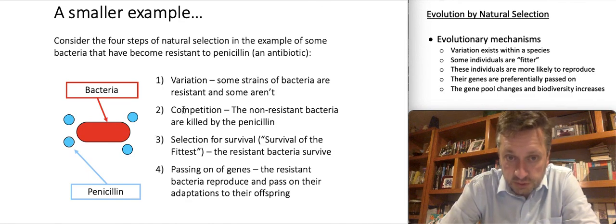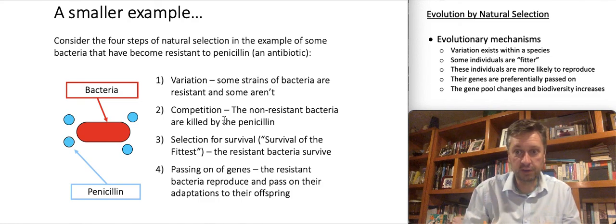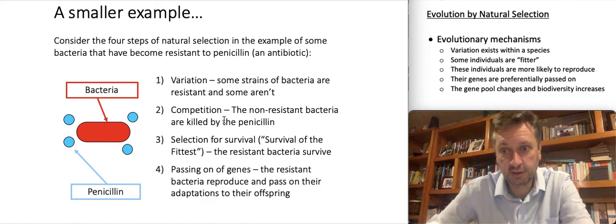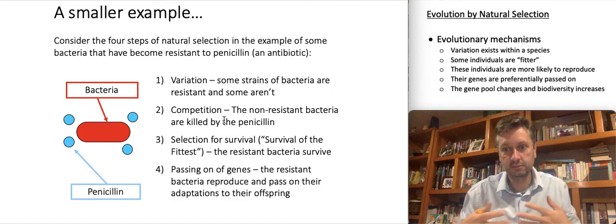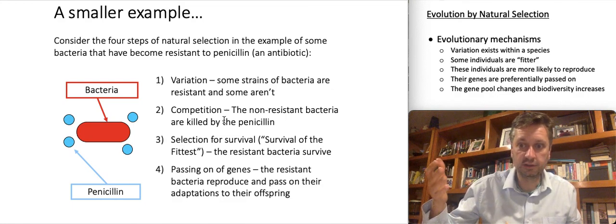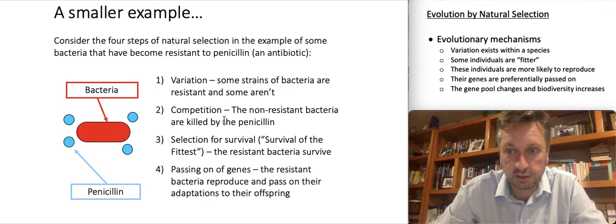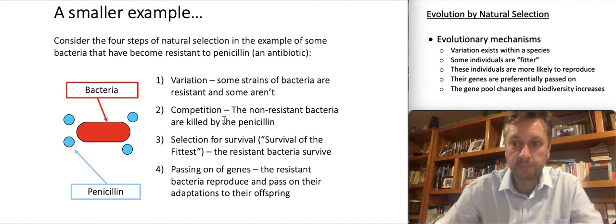There's competition between them when we add the antibiotics, and the antibiotics select, not intentionally obviously, for survival the bacteria that have this genotype for penicillin resistance.